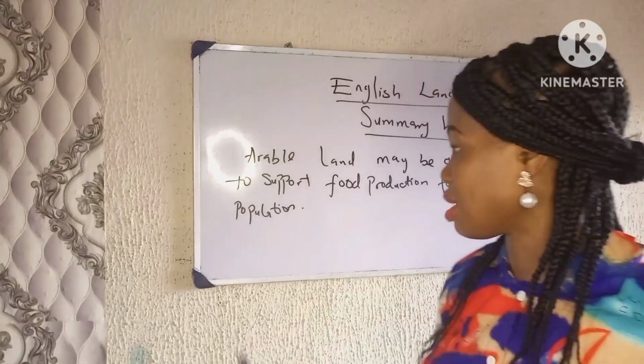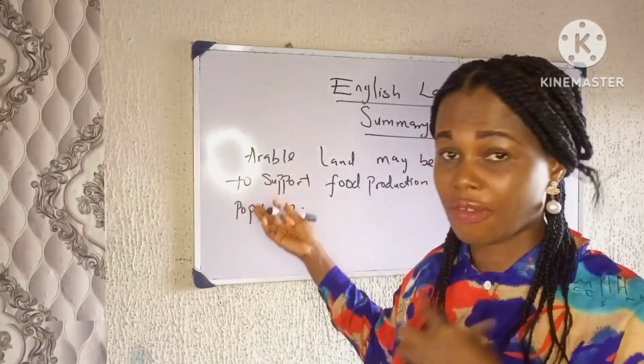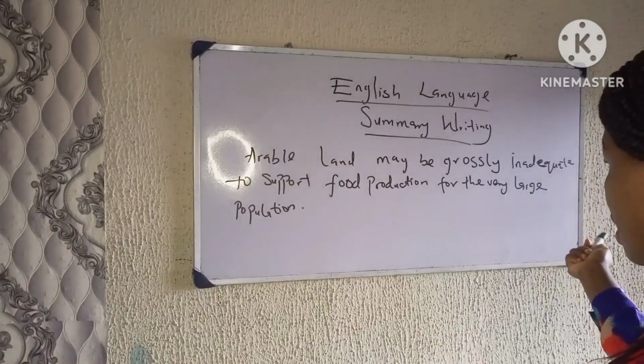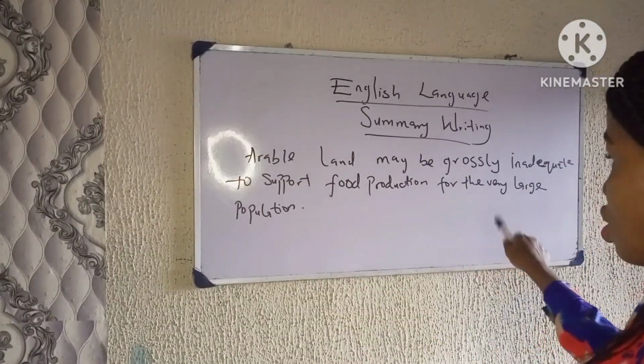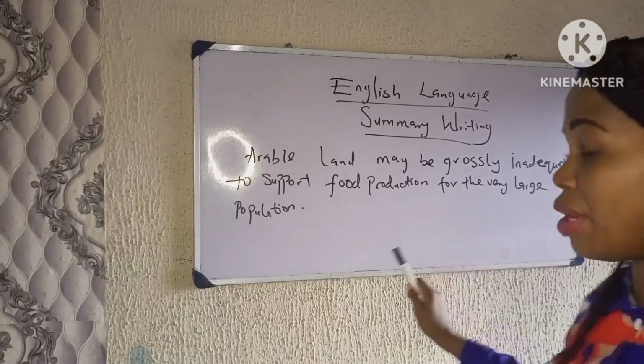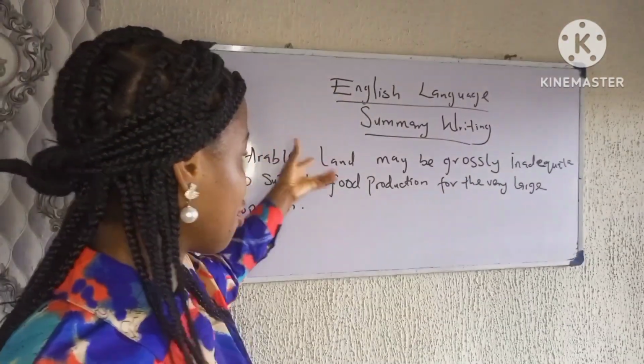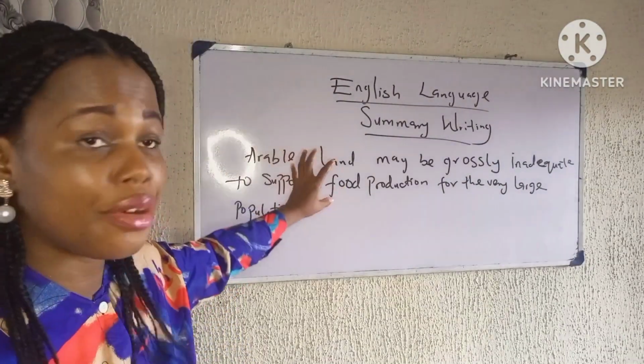Let's take for example a sentence from the 2016 past questions. "Arable land may be grossly inadequate to support food production for the very large population." Let's say you don't know the meaning of arable, or arable land.